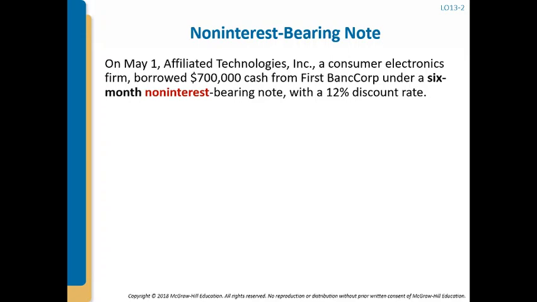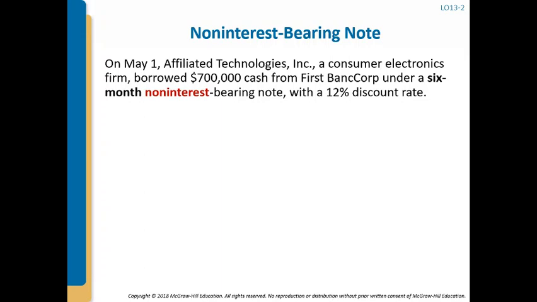Now, as we've seen on the asset side, you can have a non-interest bearing note, but even though it's non-interest bearing, there still is imputed to it an interest rate, and it's usually the market rate at which this loan would be borrowed. And so here, same issue, except this is a 6-month non-interest bearing note with the market rate or the discount rate being 12%.